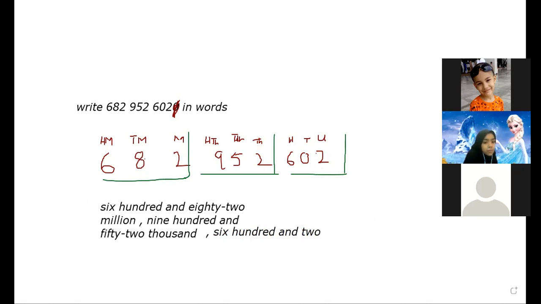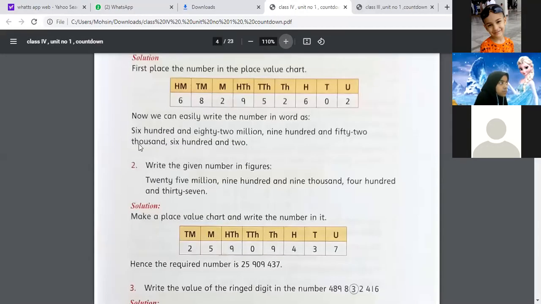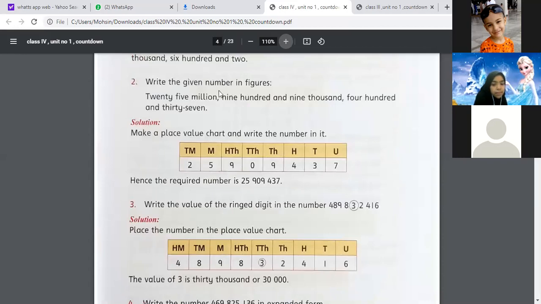Now the second example is: write the given number in figures. Now they are asking to write in figures. Figures means that you have to write it in digits. Now they give you this value in words and we have to convert it into digits.